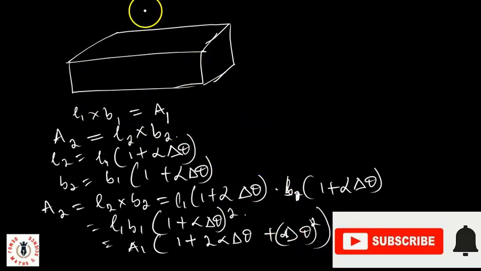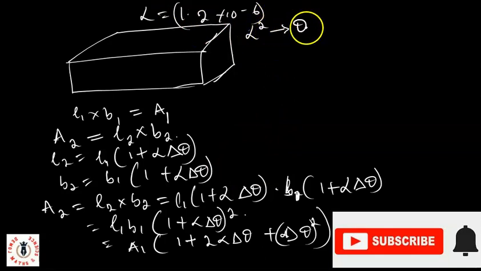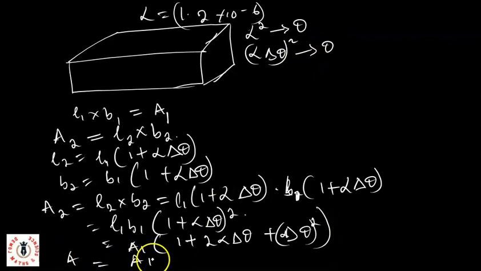Our linear expansivity could be something like 1.2 times 10 raised to the power minus 6, and by the time you are squaring this, it will lead to an extremely small figure. So alpha delta theta all squared always tends to 0. So finally, A2 is the same thing as A1 into 1 plus 2 alpha delta theta.